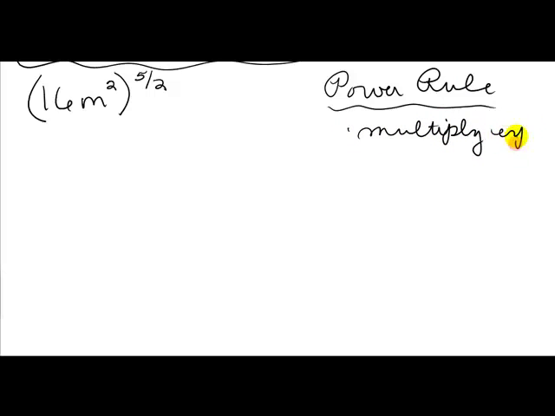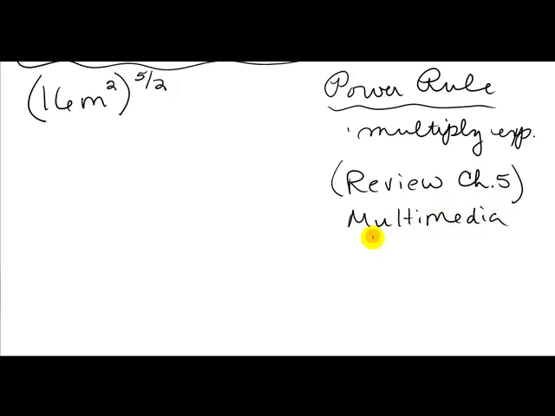With the power rule for exponents, we are going to multiply the exponents. If you don't have a good grasp on the rules, you can review this in Chapter 5. You can always go to the multimedia library on my math lab and look at the ebook.